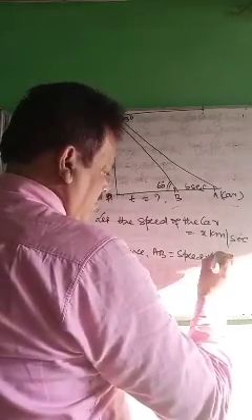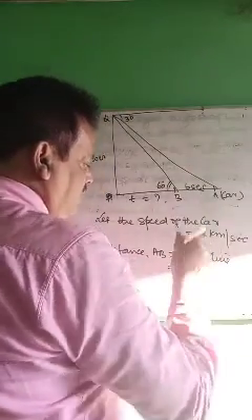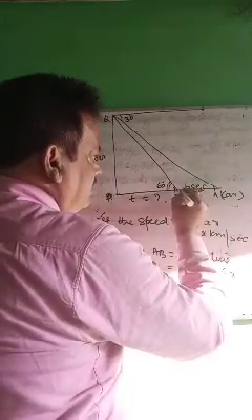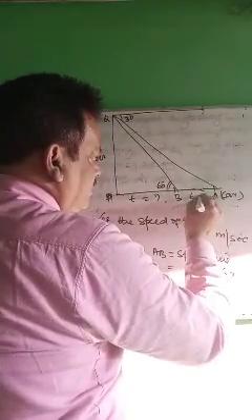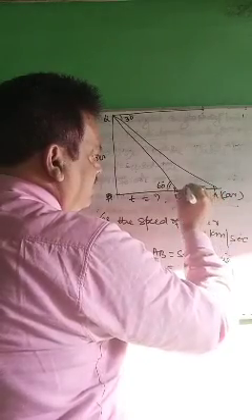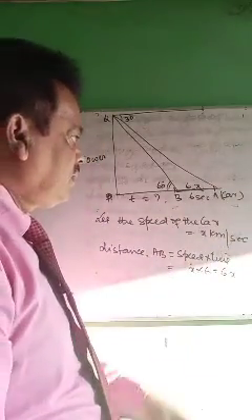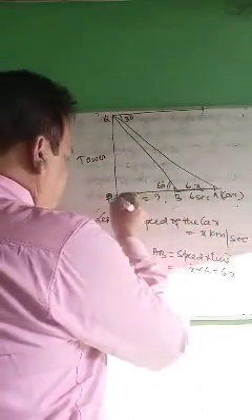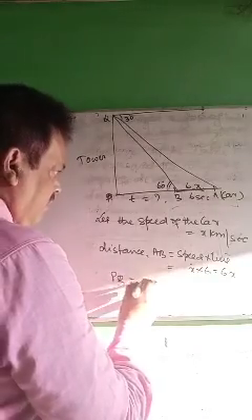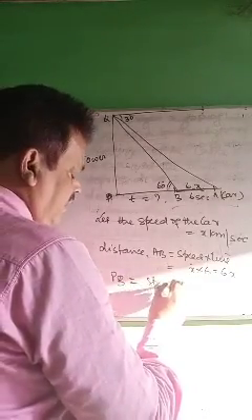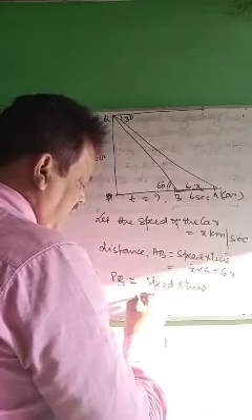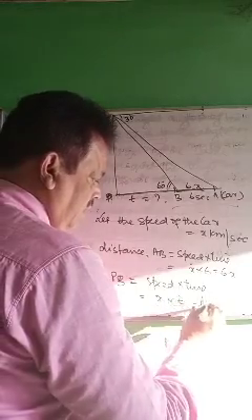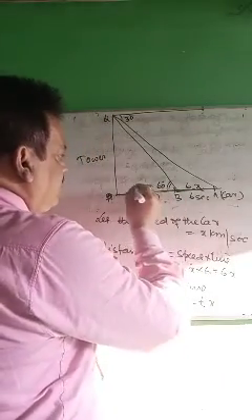The speed is x, time is 6. x into 6, that is 6x. That means if this was 6 seconds, your distance became 6x. Time converted to distance. Similarly PB, that is speed into time. Speed is x. Time I have taken as t. tx. This distance became tx.